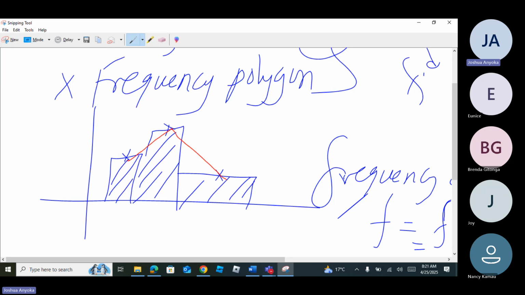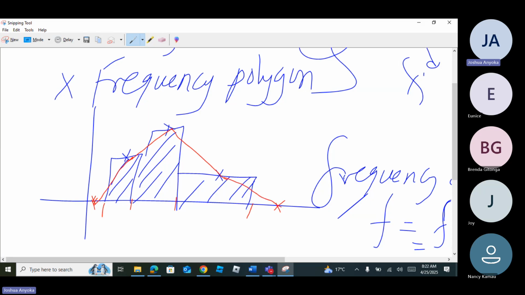And then we assume that there was another class after the last class and a class before the first class, with a frequency of 0 and the same class interval. So we join to this one and we join to this.